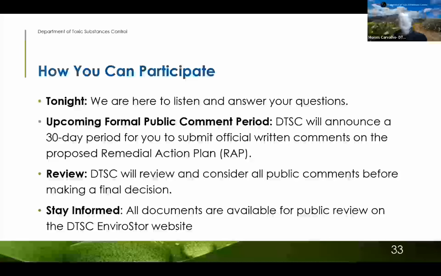You have the opportunity to review it within 30 days and provide written comments, and we will address those comments. And once we have community agreement with our proposal, we're going to move forward with the remedy that we are currently advocating, if we have the community support.